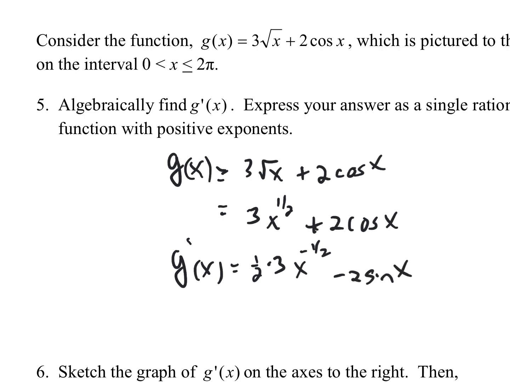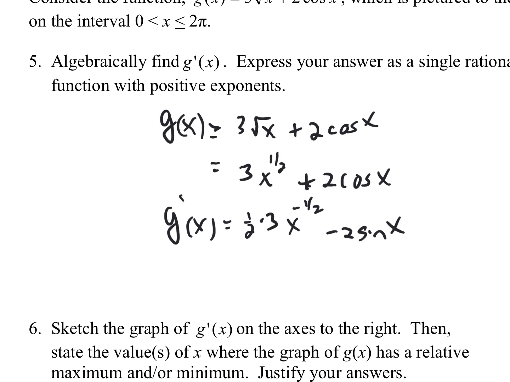And it says express your answer as a single rational function with positive exponents. Well, that's not a positive exponent, and so I need to fix it. And so that becomes 1/2 times 3 is 3/2. The x comes downstairs, which makes it a positive exponent, minus 2 sine of x.